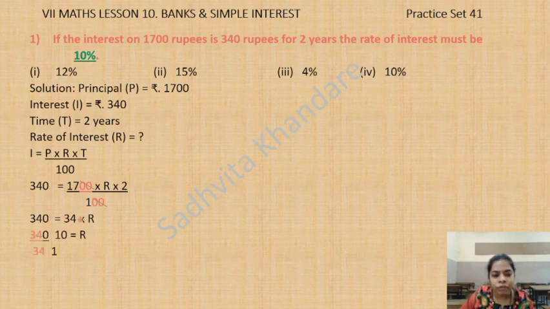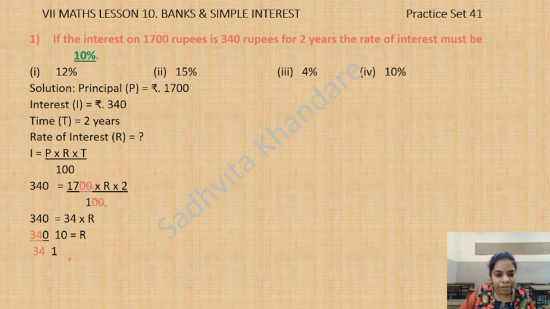340, now this 34 is multiplied. So this 34 will go to the other side and it will get divided. Why are we going to shift this 34? Because we want to find the value of R. That is why we will shift this 34 to the other side. 340 divided by 34, because opposite of multiplication is division. When you shift a multiplication sign to the other side, it will get divided.